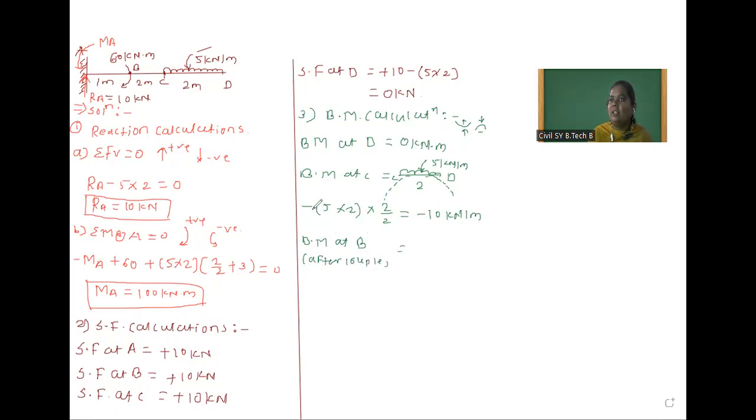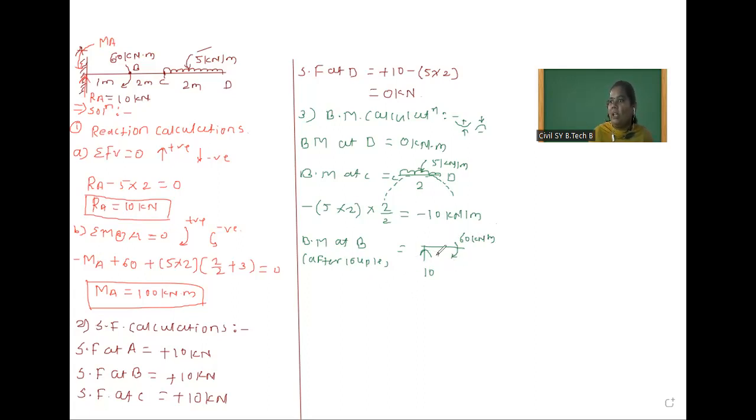So we will consider this couple here. This is the beam. Here a 10 kilonewton force is applied, and at B point one couple is there, and this couple is 60 kilonewton meter. And the span for this is 1 meter.